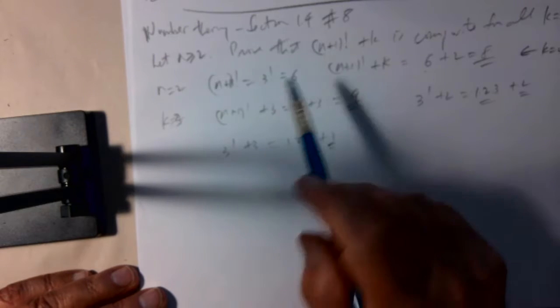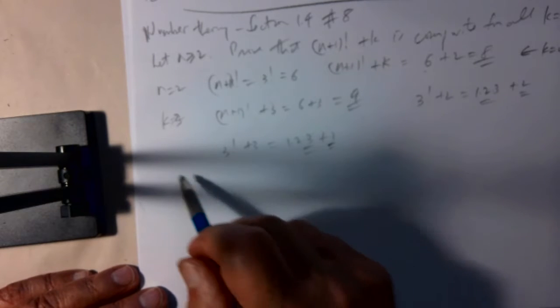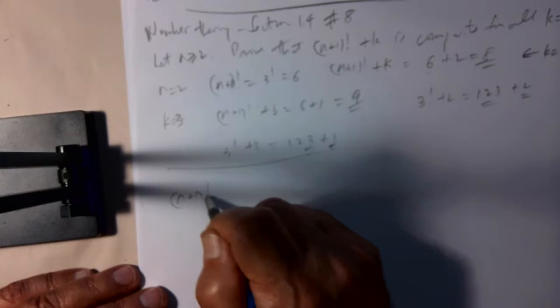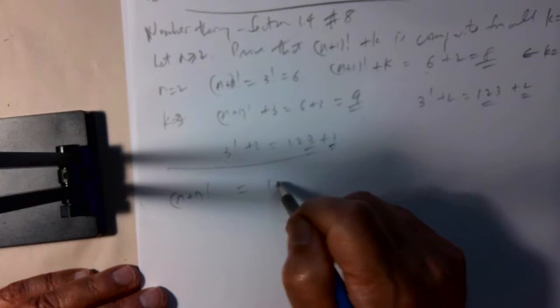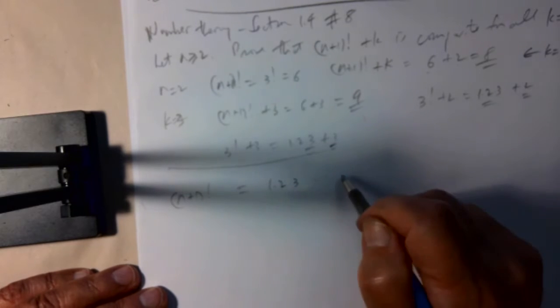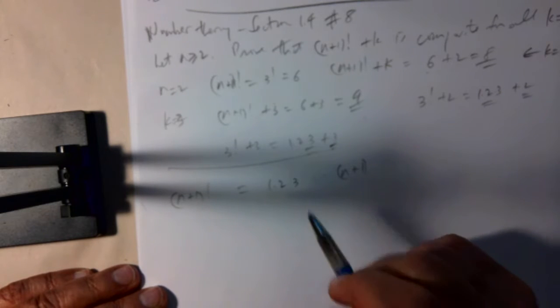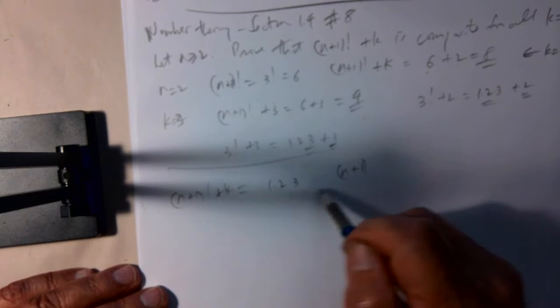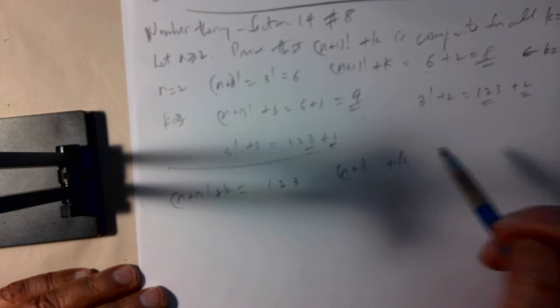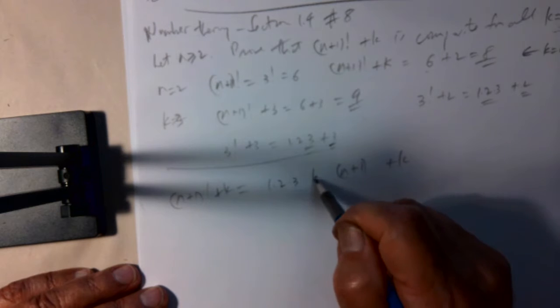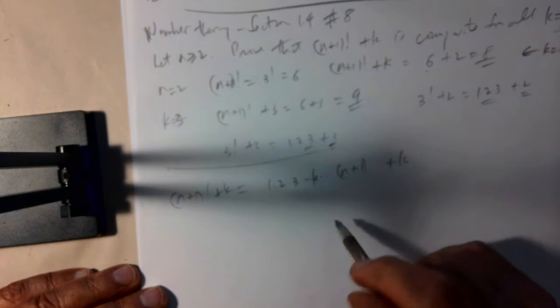So it's certainly true when n is equal to 2. But in general, if I take (n+1)!, that's 1 times 2 times 3, all the numbers up to n+1 multiplied together. And if I add k, it's this plus k. But k is between 2 and n+1. So one of the numbers in here is k.